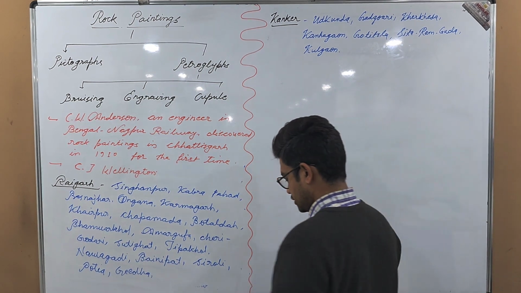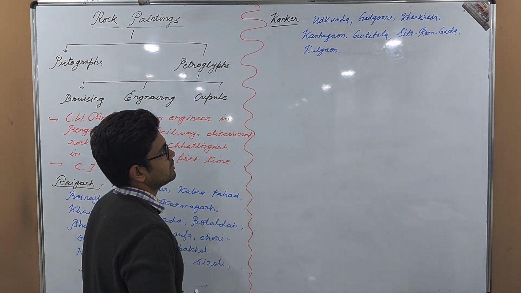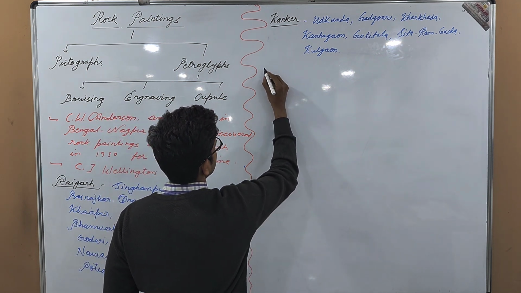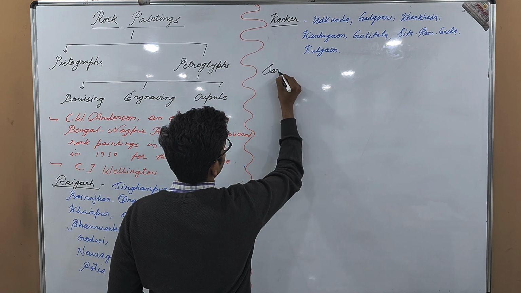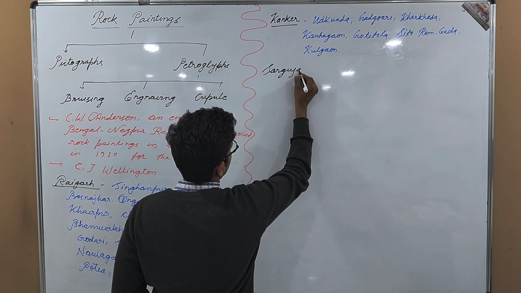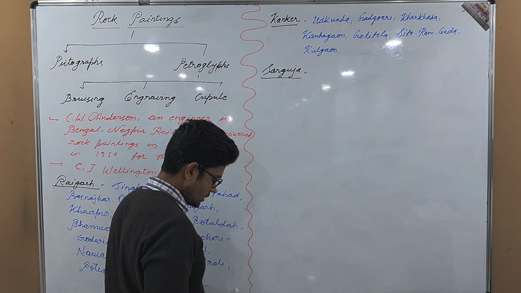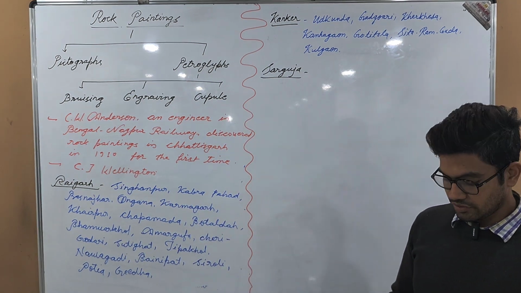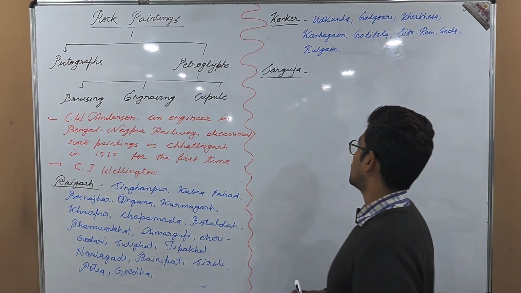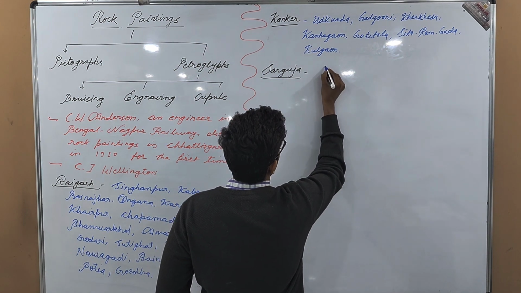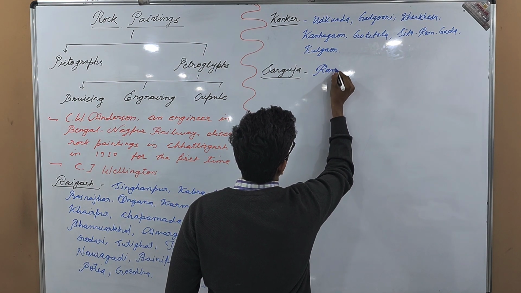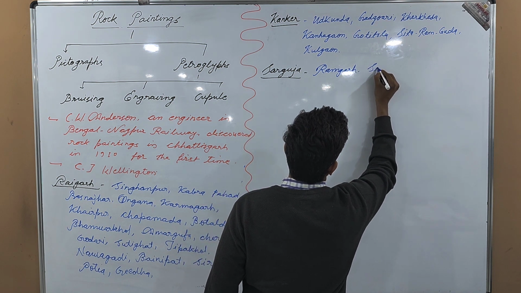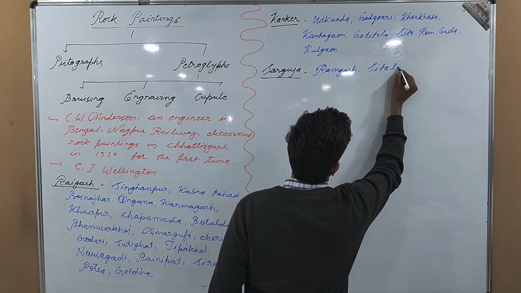Now let's move ahead. The next prominent district from the point of view of rock paintings is Sarguja. In Sarguja, there are two very prominent rock art sites which are very famous: Ramgarh and Sita Lekhni.